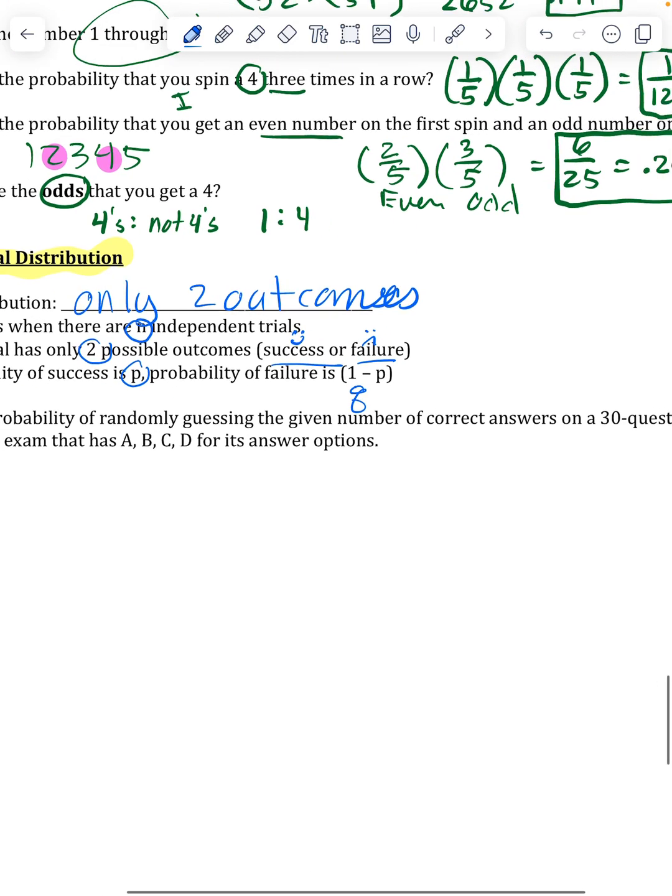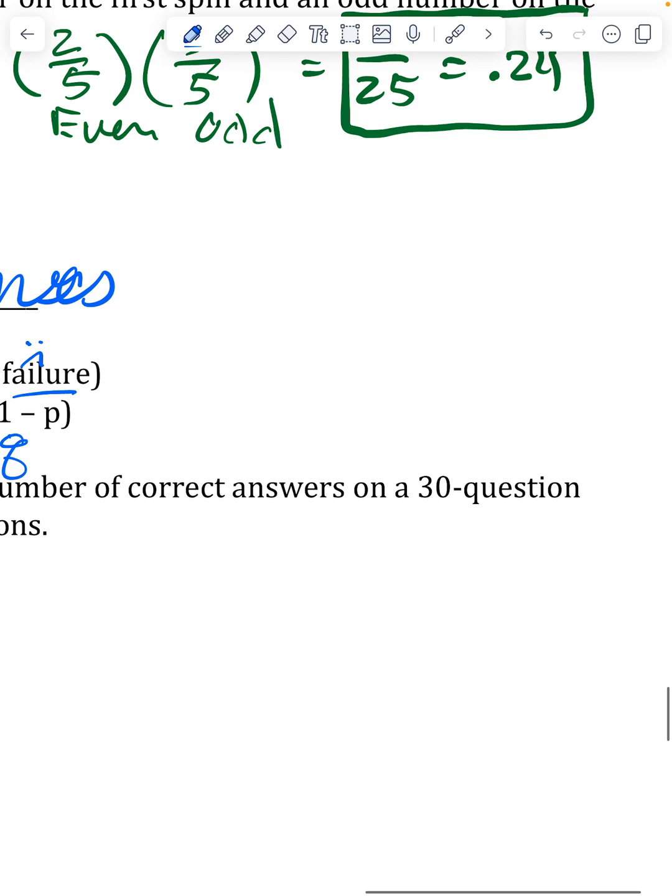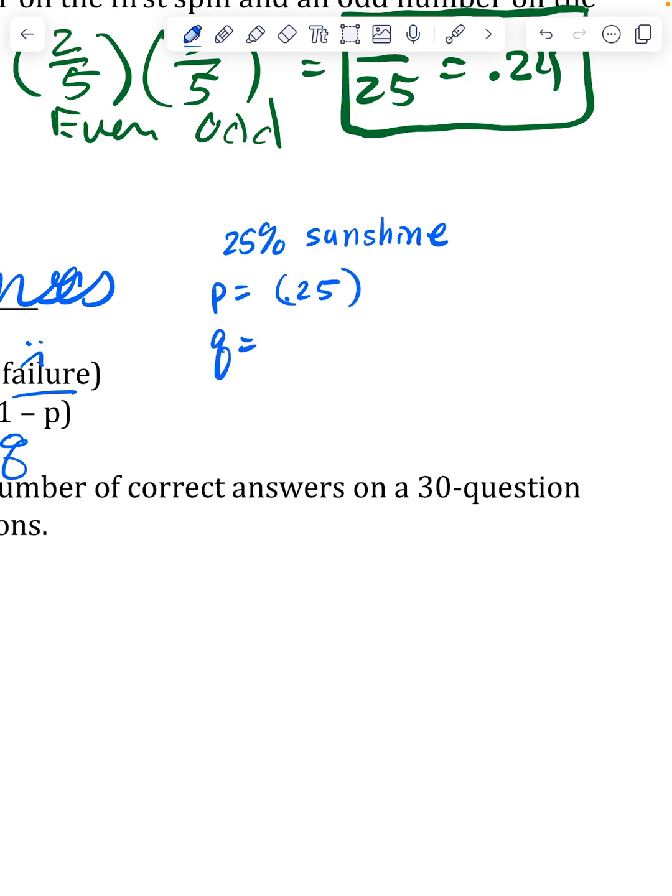Let me show you what I mean. Let's pretend that there is a 25% chance of sunshine. So 0.25. That would be P. Then Q is 1 minus 0.25, meaning the rest, like when we talked about complements. So that's 0.75, that it's not sunny.